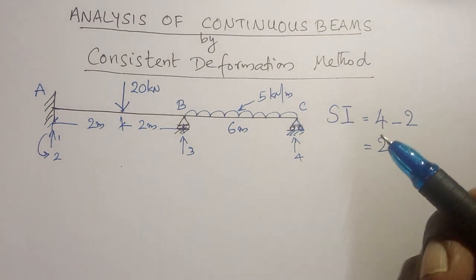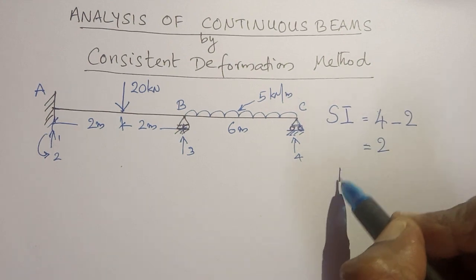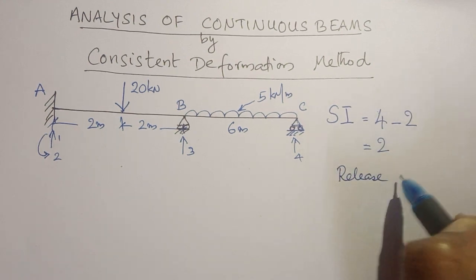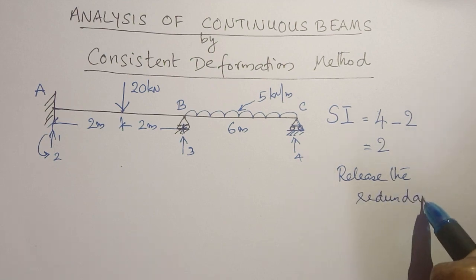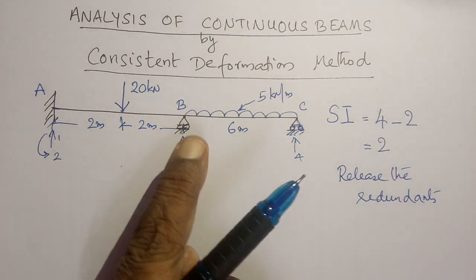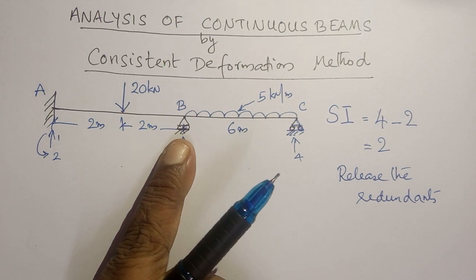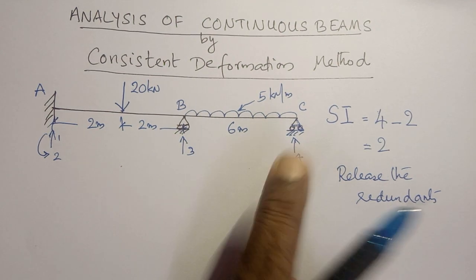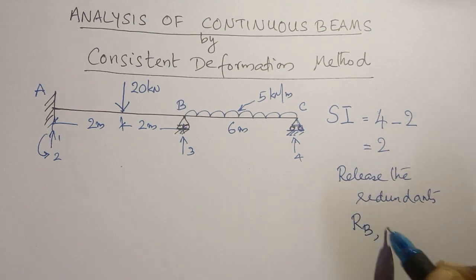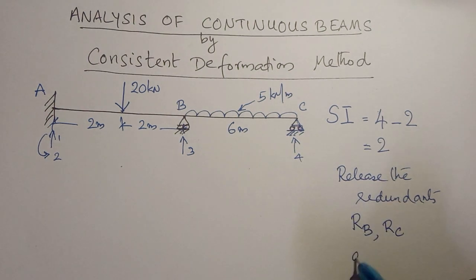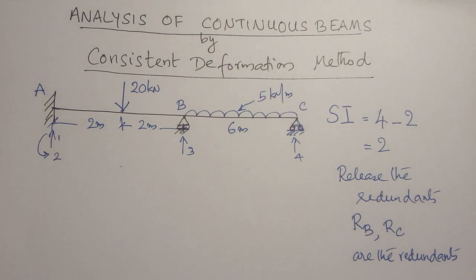Now we have to release the redundants. Let us release the reaction at support B and the reaction at support C. That is, we identify the redundants and we'll choose RB and RC.